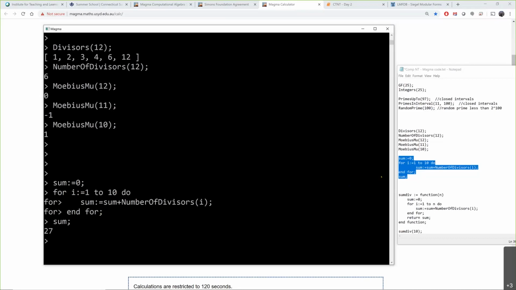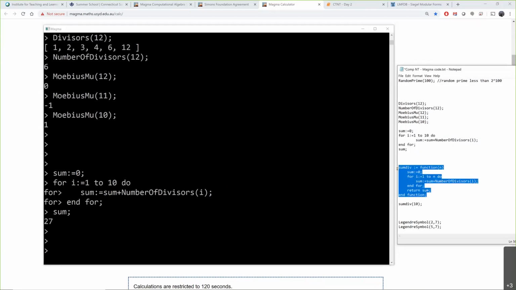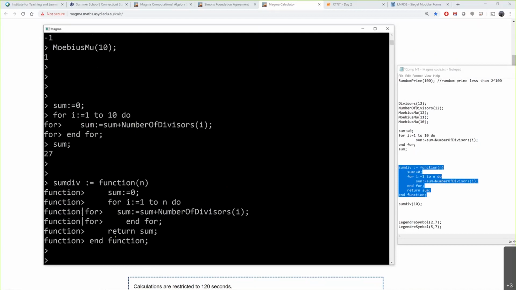If you're going to do that several times, for example, if you're going to try to plot the values of this function, the sum of the number of divisors of numbers 1 up to x, you might want a function that does that. So here's how you can do a function in Magma.